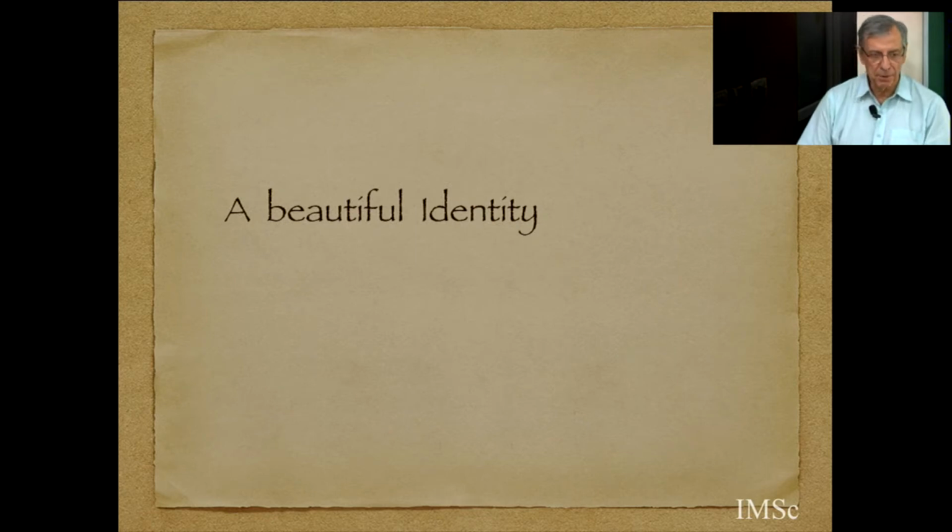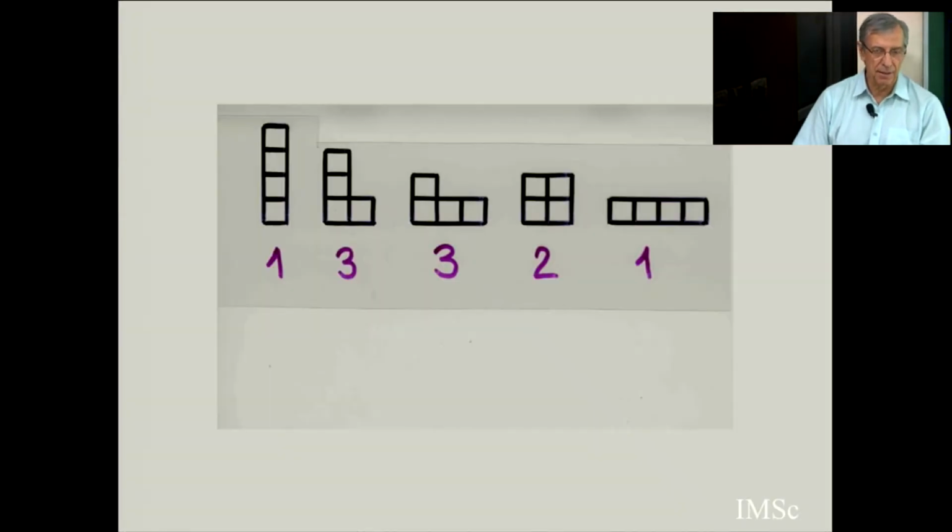Just take all possible partitions for a fixed n. For n equals 4, there are 5 possible Ferrers diagrams, 5 possible partitions. For each shape I have a number of Young tableaux, shown in purple below. The total number of Young tableaux with n equals 4 is 10.